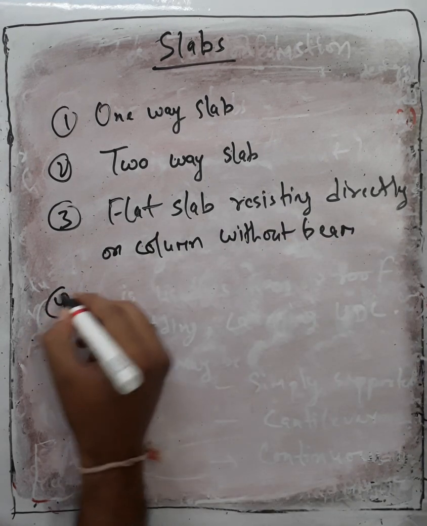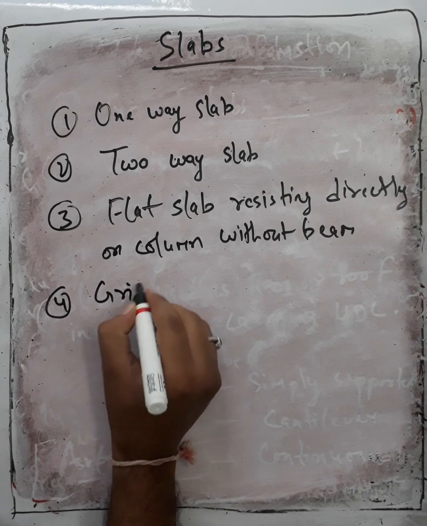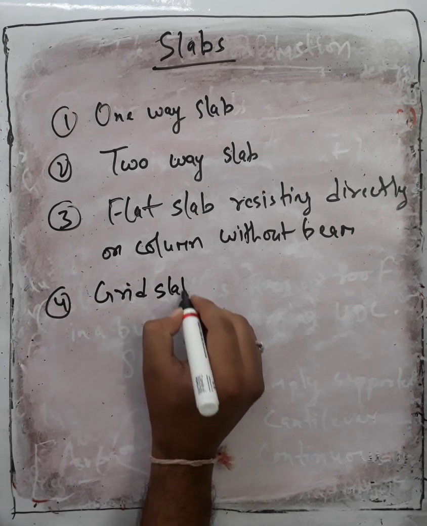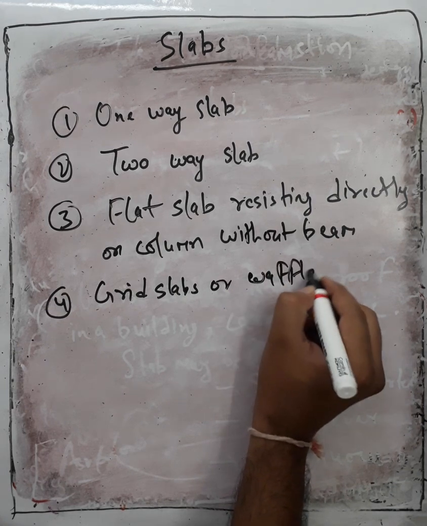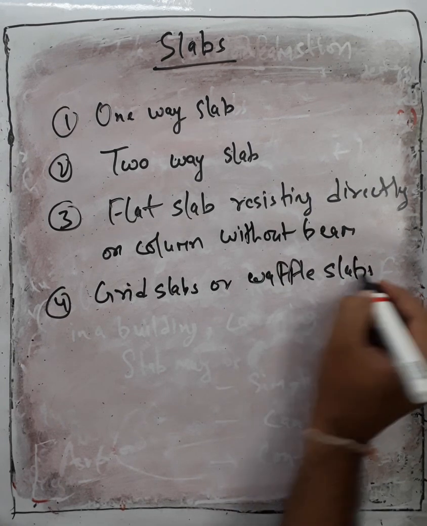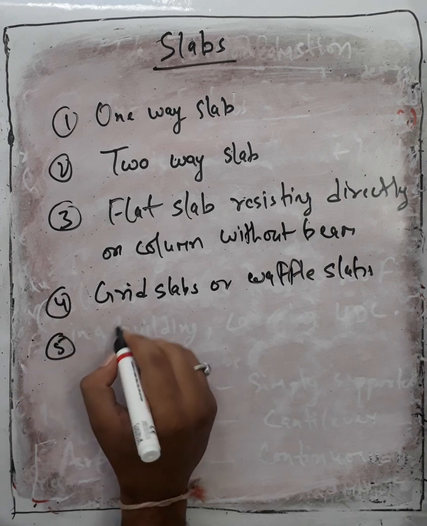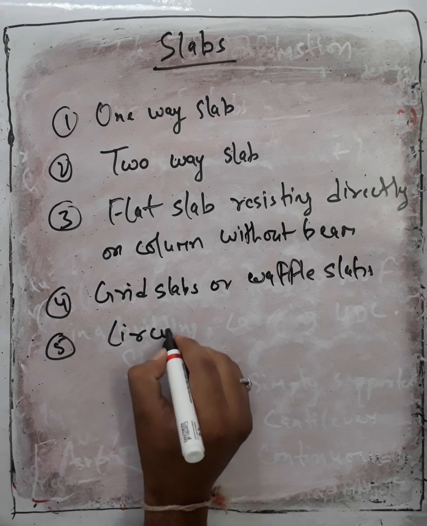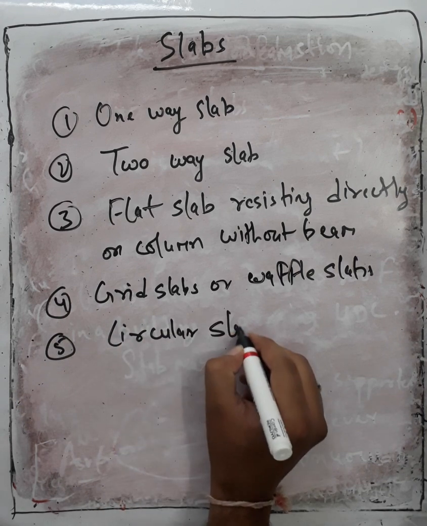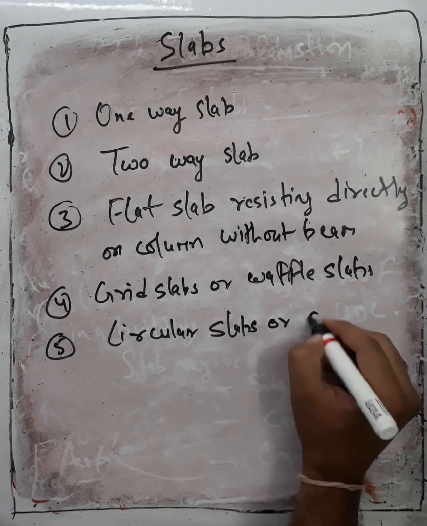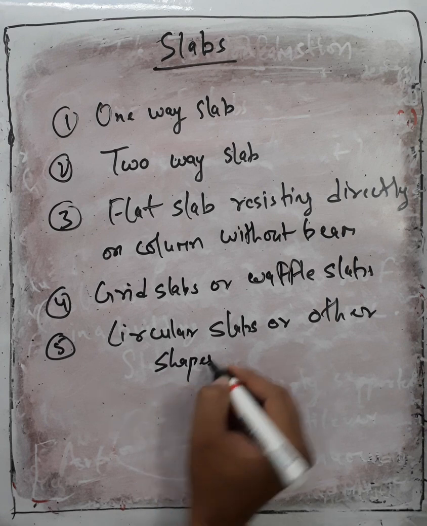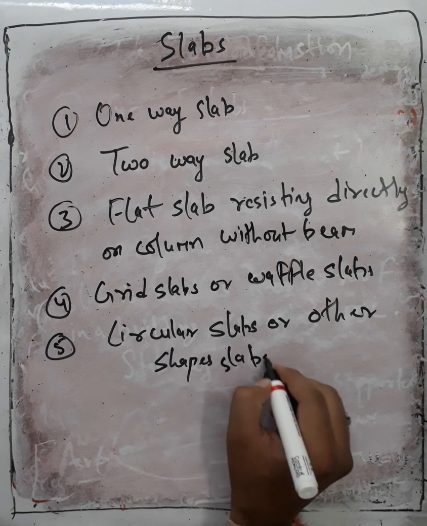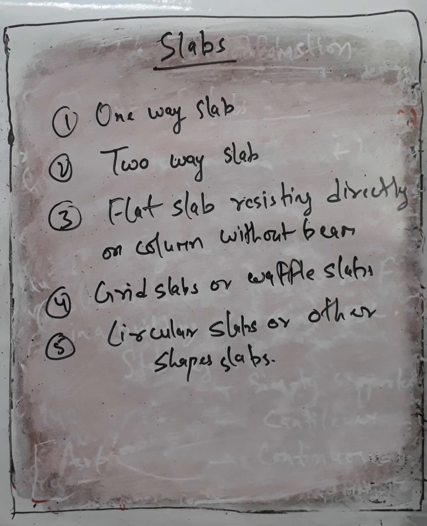Fourth one is grid slab or waffle slab, and last is the circular slabs or other shaped slabs. So these are the types of slabs.